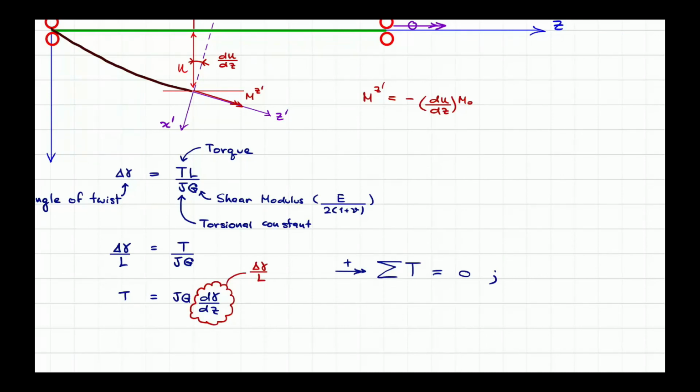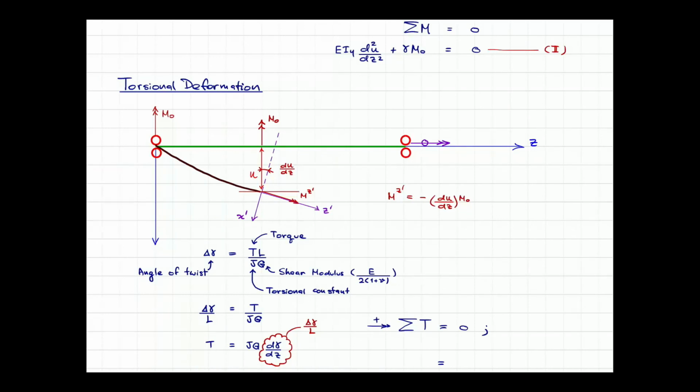What we have, we actually have two things. First, the effect from the applied moment that leaks into the Z prime axis.